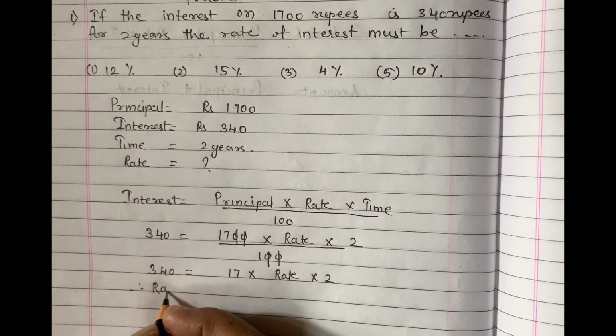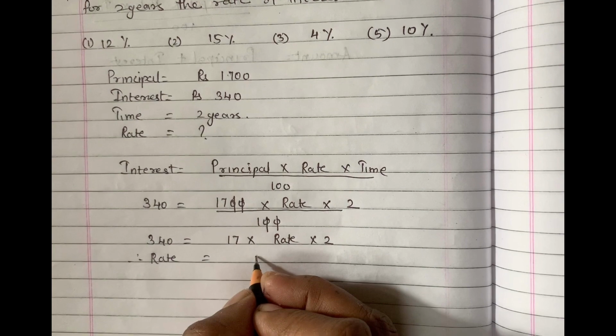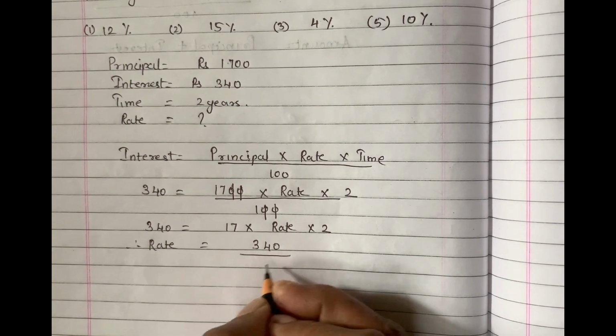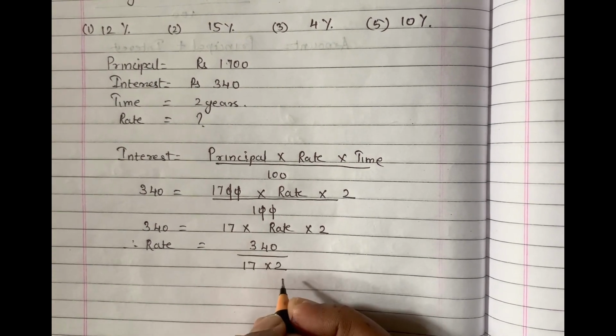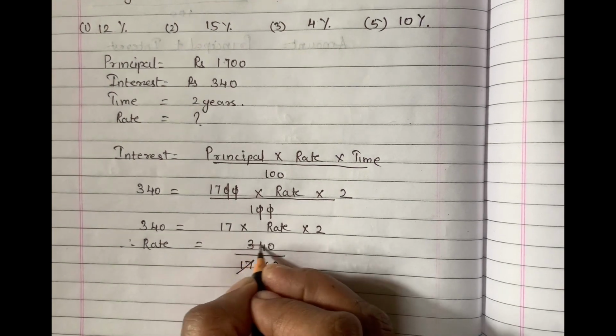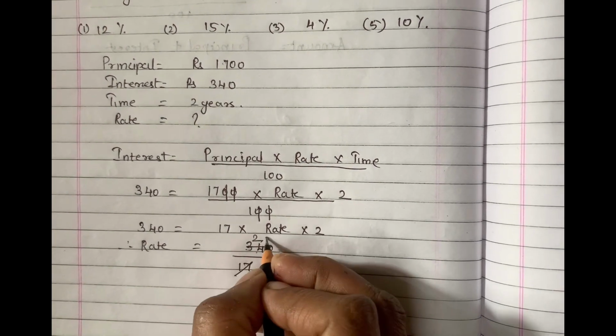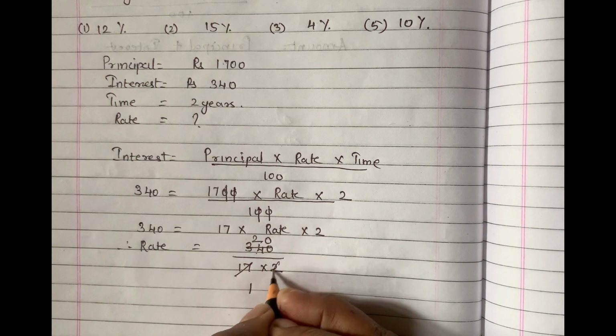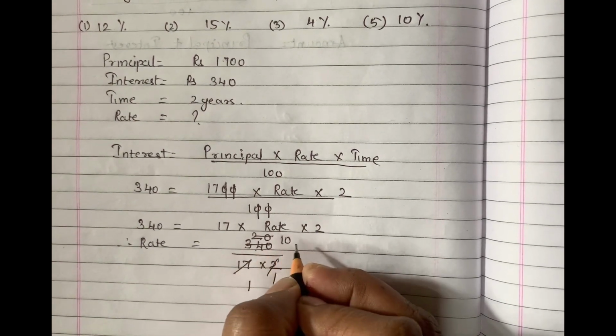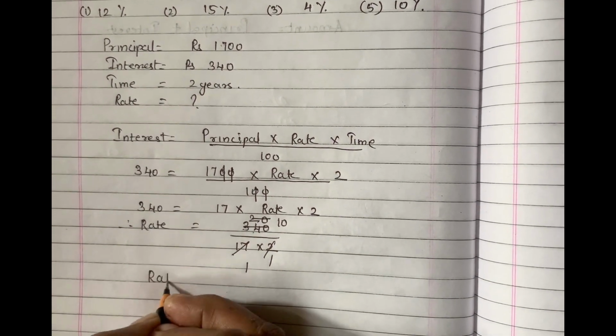Therefore, rate will become how much? We will do cross multiply. That is 340 upon 17 into 2. 17 ones are 17. 17 twos are 34. So 0 is there, so put 0. 2 ones are 2. 2 tens are 20. So rate is how much?